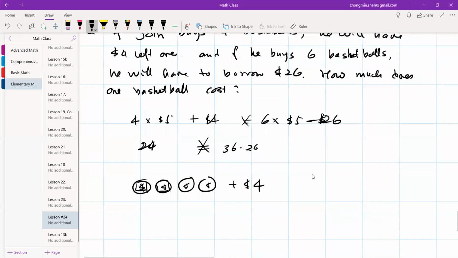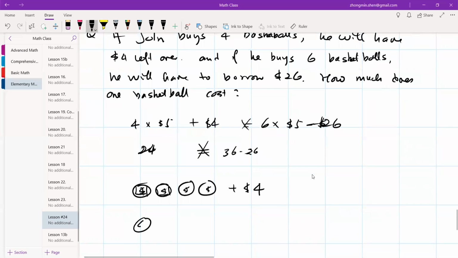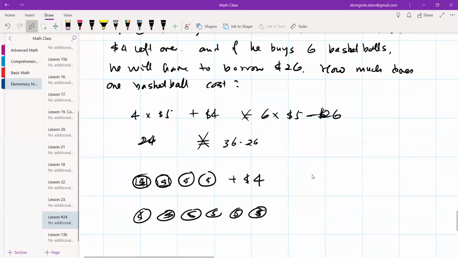Okay, but if he wants to buy 6 basketballs, there is a shortage of $26. So that means in order to buy 6 basketballs, he has to borrow $26.